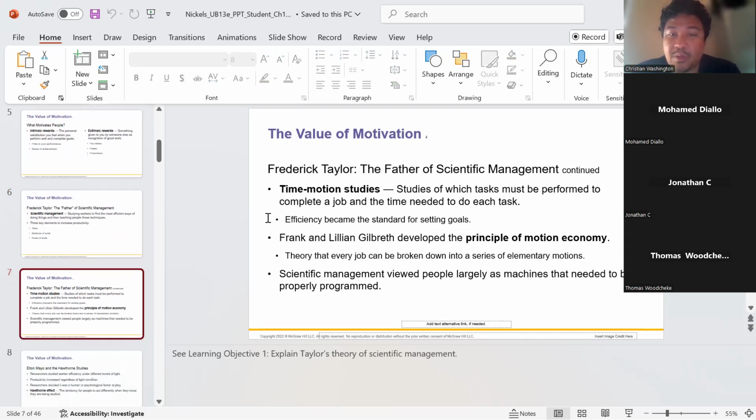Okay, so we talk about the time motion study, and this is maybe more like a factory job or something that requires motor skills, fine motor skills, gross motor skills in relationship to achieving a goal for the employer. And he went over the principle of motion economy, that every job can be broken down into a series of elementary motions.